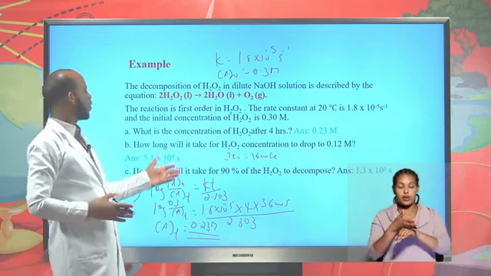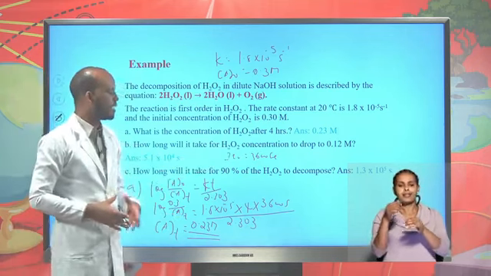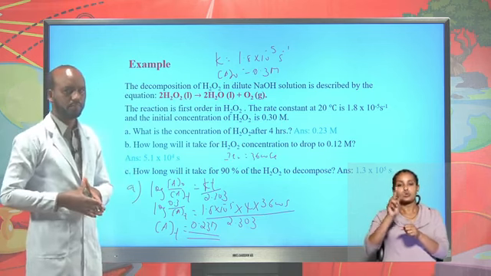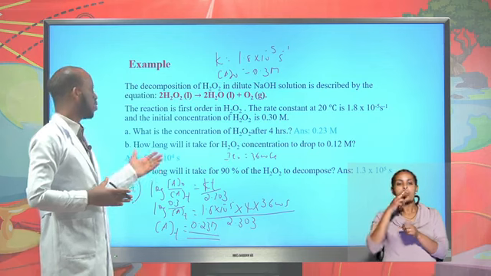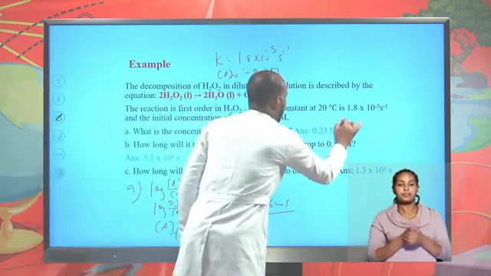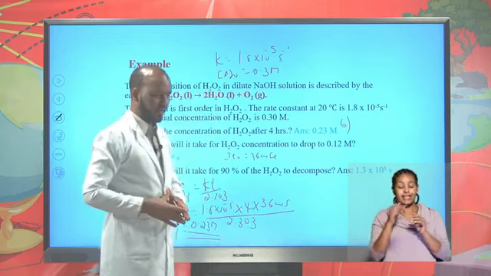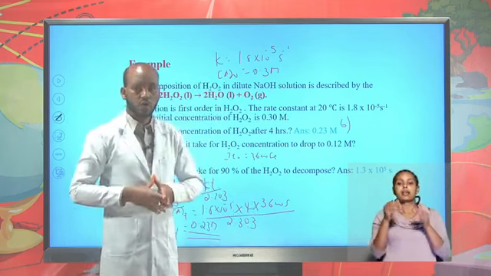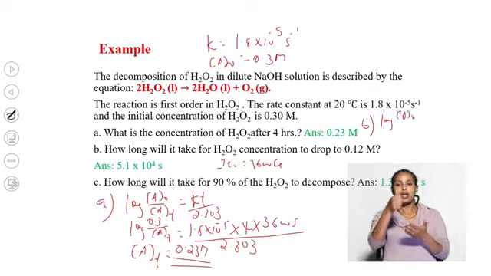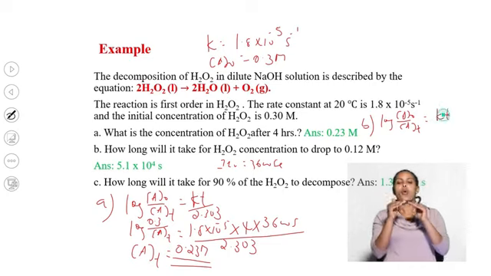B. How long will it take for the hydrogen peroxide concentration to drop to 0.12 molar? You are asked to calculate time. From the integrated rate equation for a first order reaction, we have log of the initial concentration A naught divided by the concentration of M at time t equals Kt divided by 2.303.